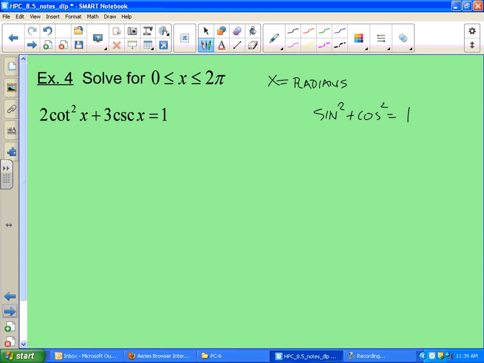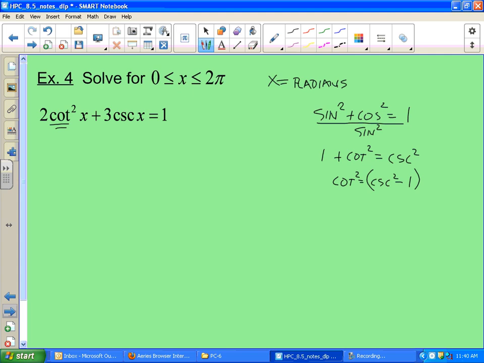Let's see. If I want to end up with a cotangent, that means I want to divide all of this by sine squared, and I get 1 plus cotangent squared is equal to cosecant squared. So if I wanted to solve for cotangent squared, for example, I would have cosecant squared minus 1. Well, maybe that's the relationship we want to use over here.